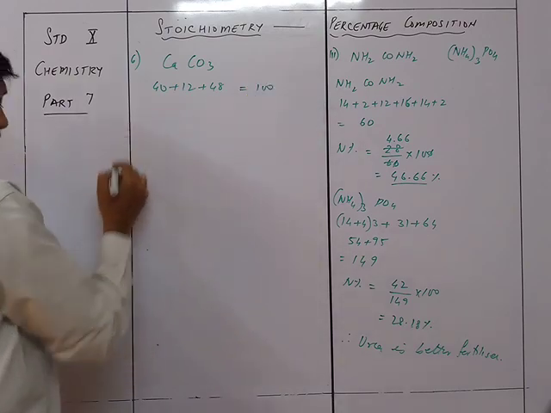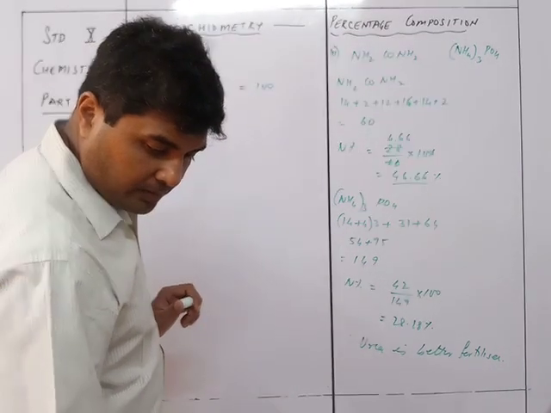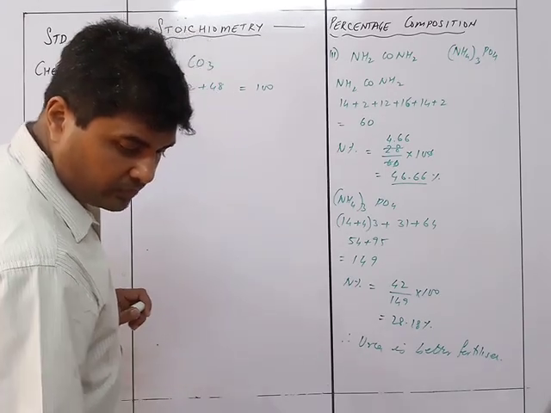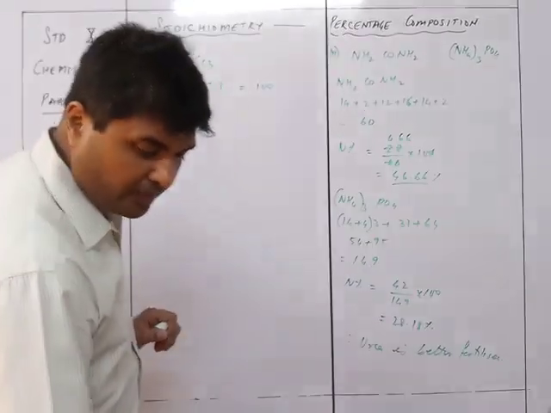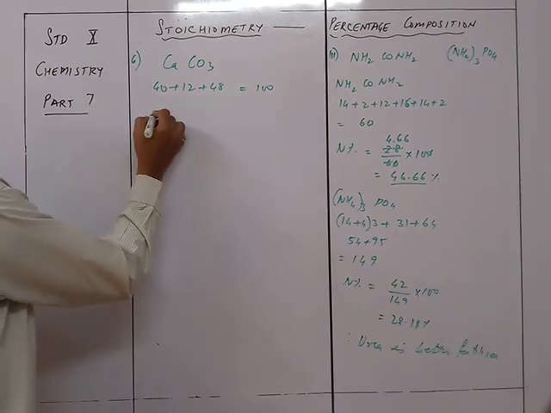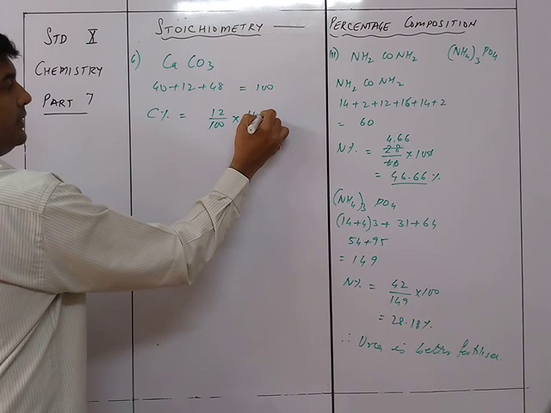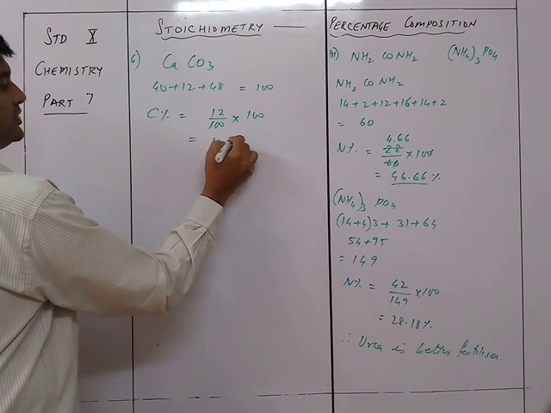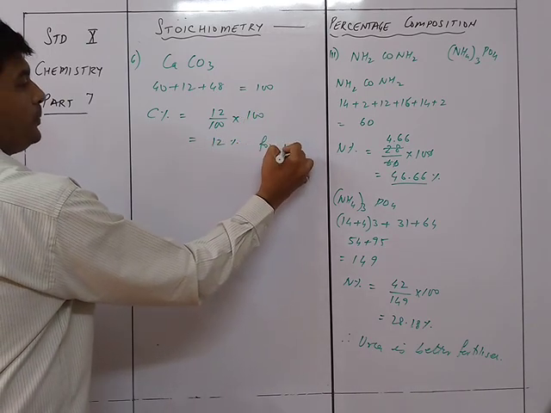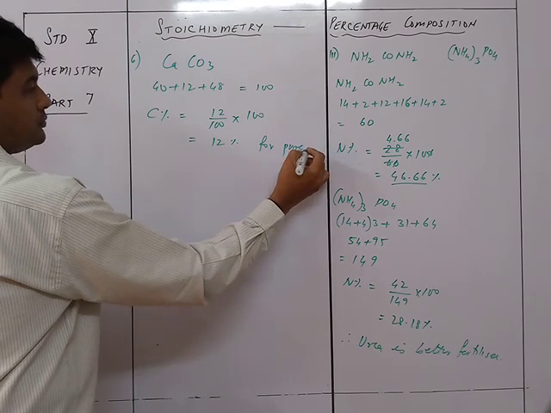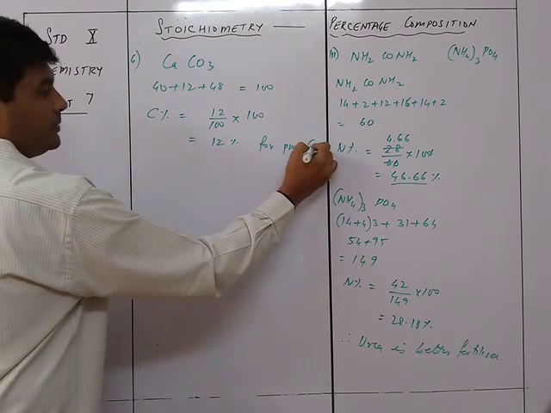We need to find the percentage of carbon. C percent is equal to 12 upon 100 into 100, so that's 12% for pure calcium carbonate.